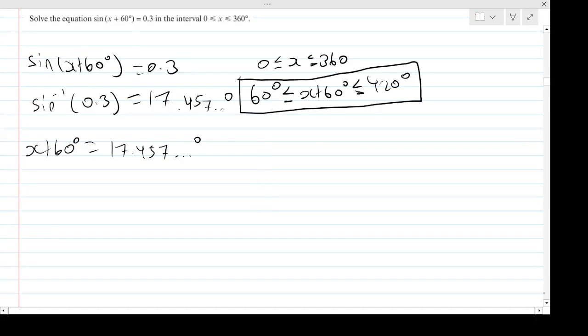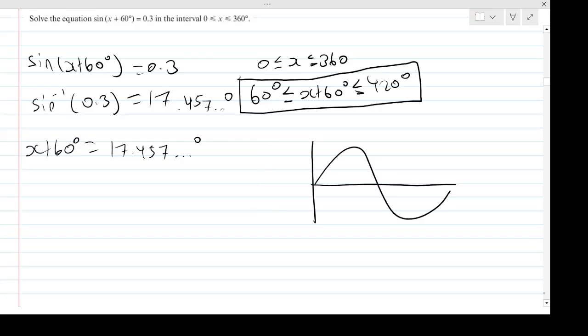Let's do it down here, right? Right, so a sine graph between 0 and 360. It's going to be there. So our first angle is 17.457. So that'll be about there, right? 17.5, say, right? So then the other solution would be there. And that'd be the solution for x plus 60.